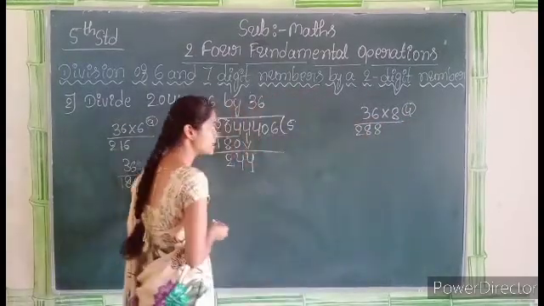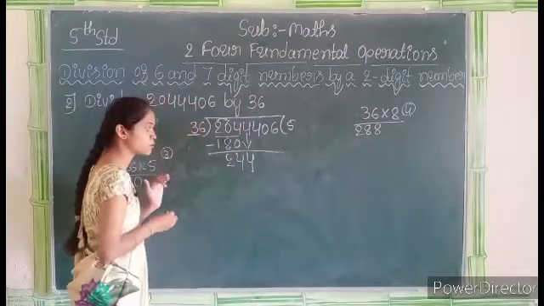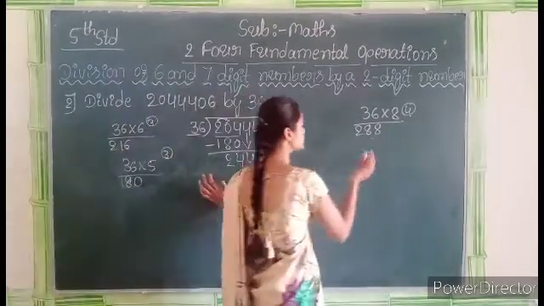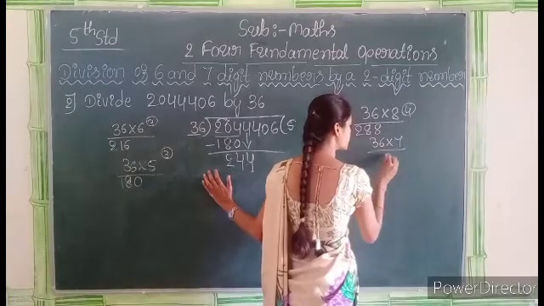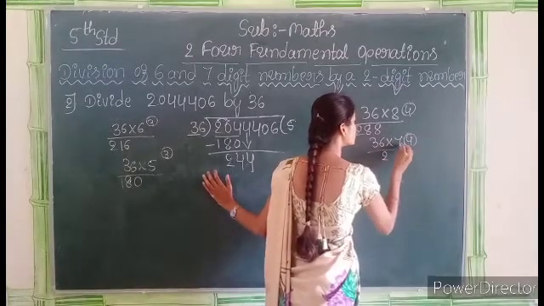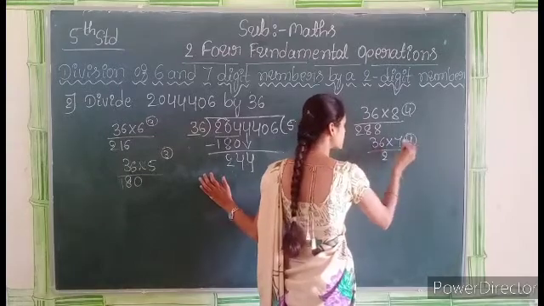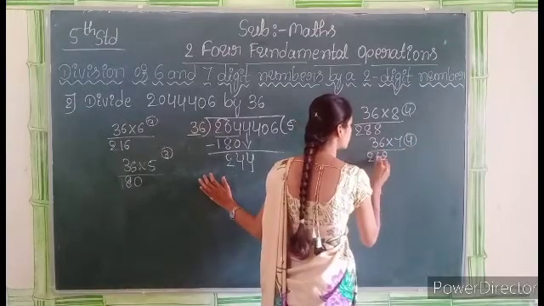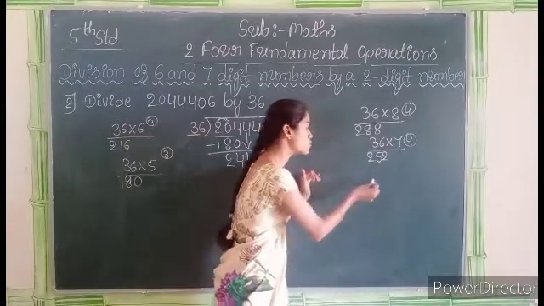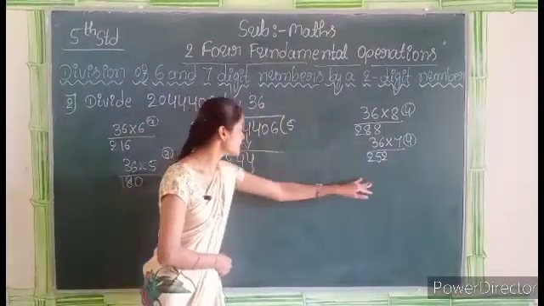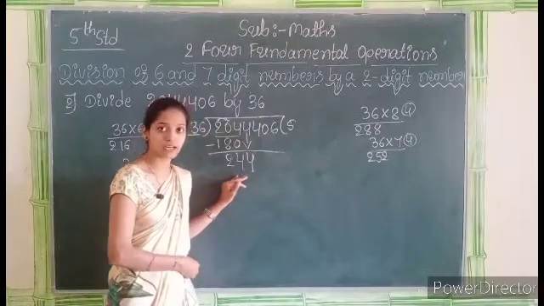This 288 is greater than this 244. So, let's check with 36 7s. 7 6s are 42, 2 then 4 carry, 7 3s are 21, 21 plus 4, 25. We get 252, but this 252 is greater than this 244, right?